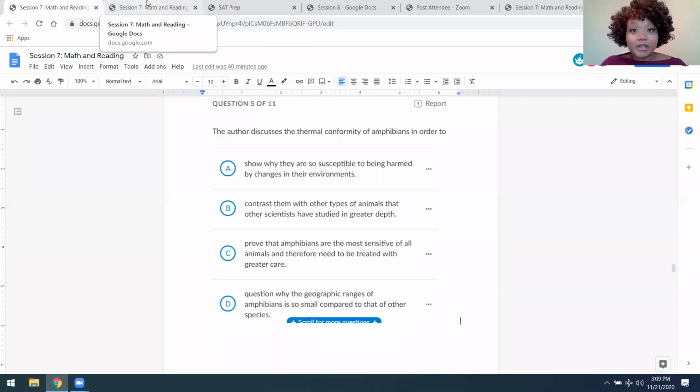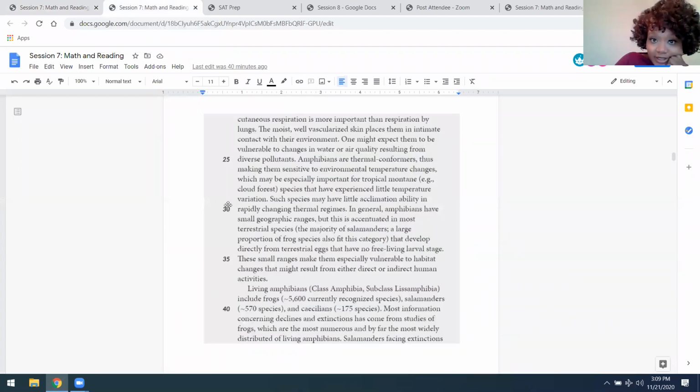So let's go to where DM said, line 27. It starts at line 25, it goes into 27. So right here, amphibians are thermal conformers. There's that word combination mentioned again. Thus means because. So let me restart. Amphibians are thermal conformers, thus making them sensitive to environmental temperature changes, which may be especially important for tropical montane species that have experienced little temperature variation.